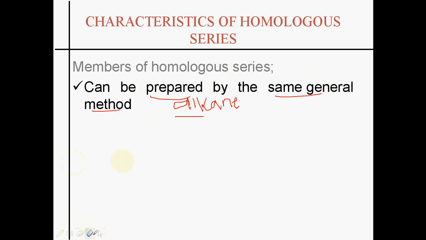The easiest one being for alkanes, we can use the cracking method, and if you also want to prepare alkenes, we can still use cracking. And from alkenes, we can go back to prepare an alkane, that is by just the addition of hydrogen to an alkene.